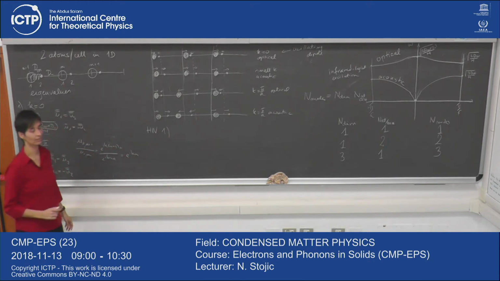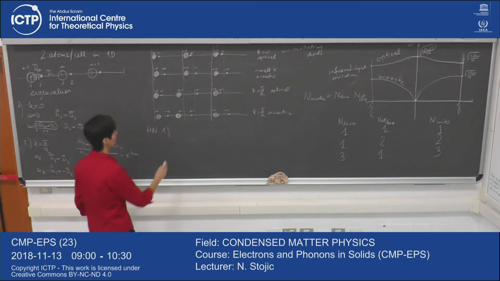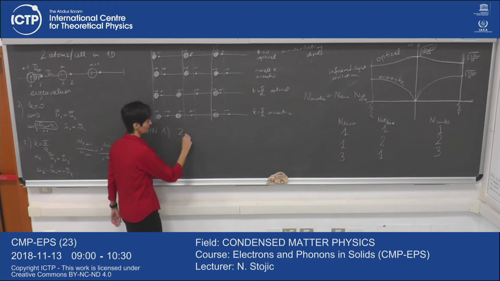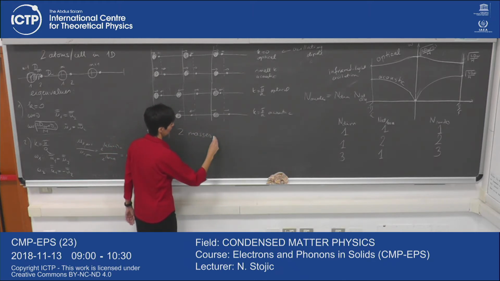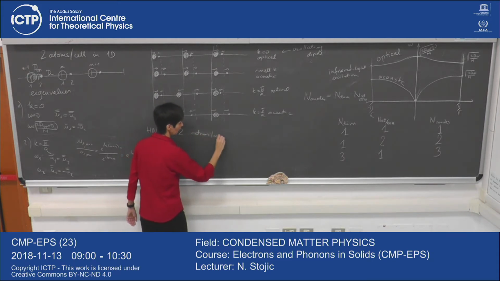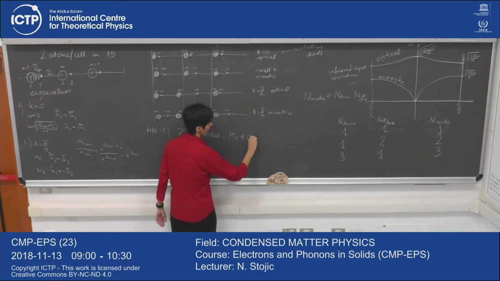is to derive the dispersion relation, or maybe even the dynamical matrix, for the case of 2 masses. So again, the linear chain with 2 masses. Let's call it 2 atoms per cell in the base, and M1 is different than M2.